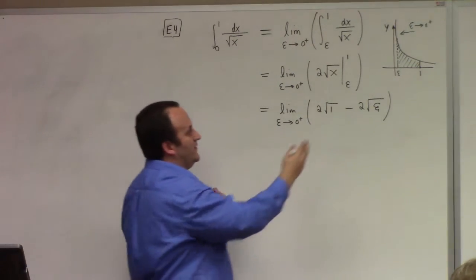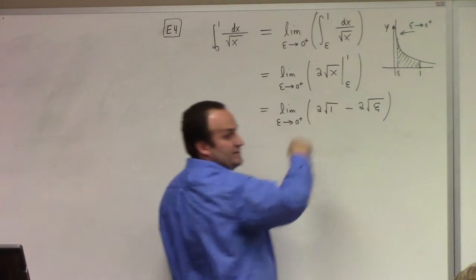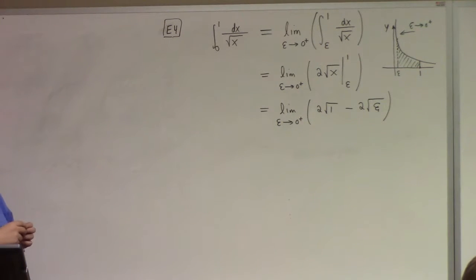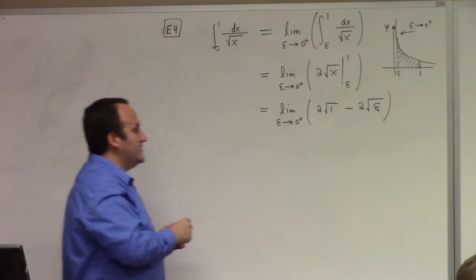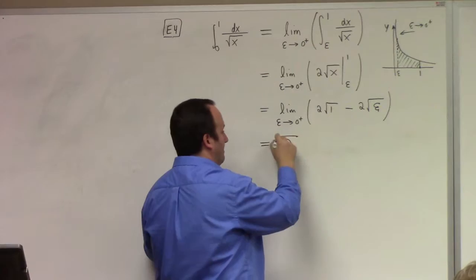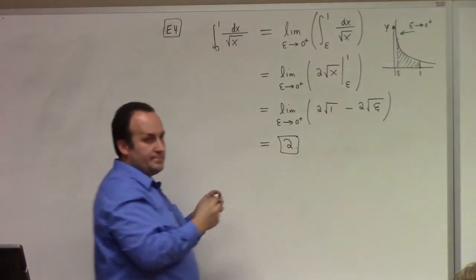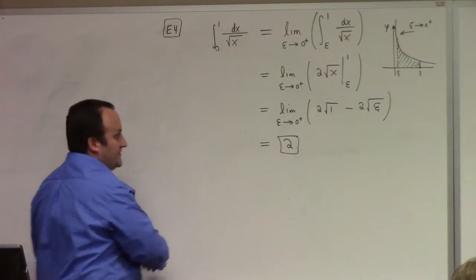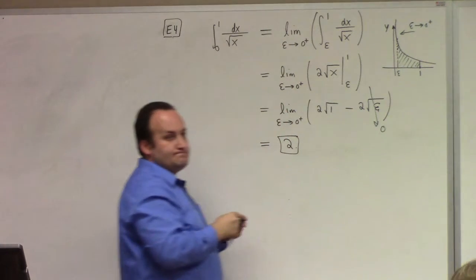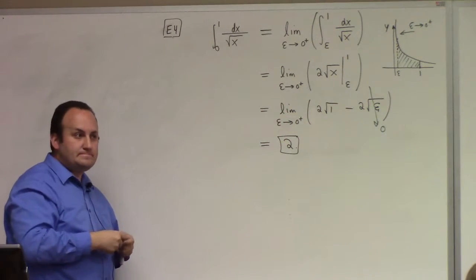Cool. Even though this has a vertical asymptote, the area bounded under that curve from 0 to 1 is finite. In fact, its area is 2, because this goes to 0, right? Does that make sense?